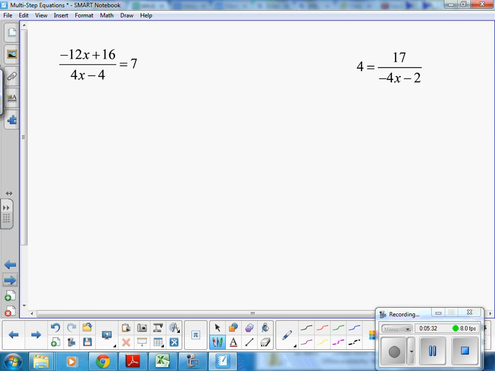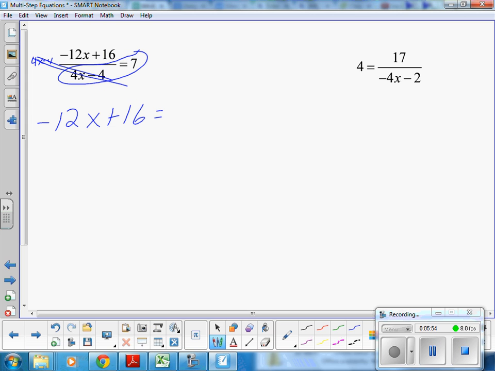Next problem. Same thing. I am going to multiply 4x minus 4 on both sides. When I multiply on the left side, 4x minus 4, that cancels. Wow, what happened? That cancels. That leaves me with the negative 12x plus 16.